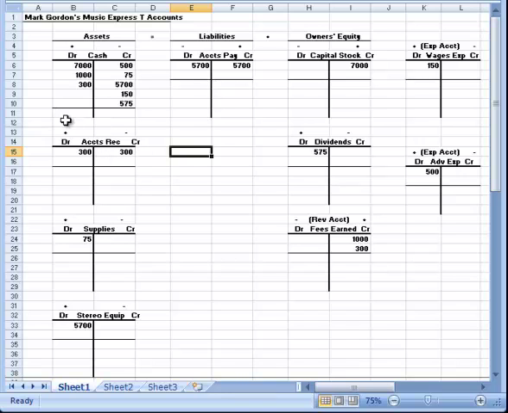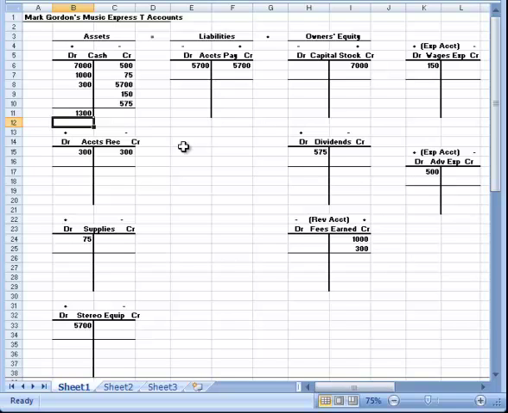That would be 1,300 for cash, okay? Because the debit side totals 8,300, the credit side totals 7,000. 8,300 minus 7,000 is 1,300, and it's on the debit side. Now, what that is called is the balance of the account.